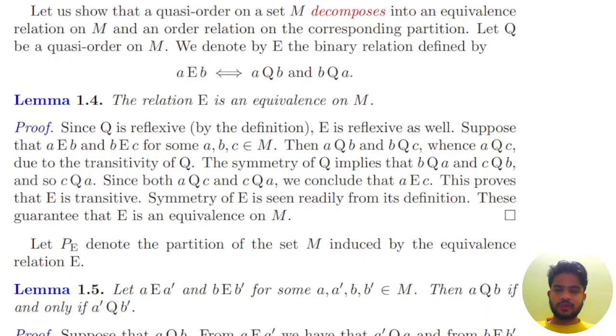Suppose that A is equivalent to B and B is equivalent to C for some A, B, C belonging to M. Then A is quasi-ordered below B and B below C, whence A is below C due to the transitivity of Q. The symmetry of E implies that B is below A and C is below B, and so C is below A. Since both A is below C and C is below A, we conclude that A is equivalent to C. This proves that E is transitive.